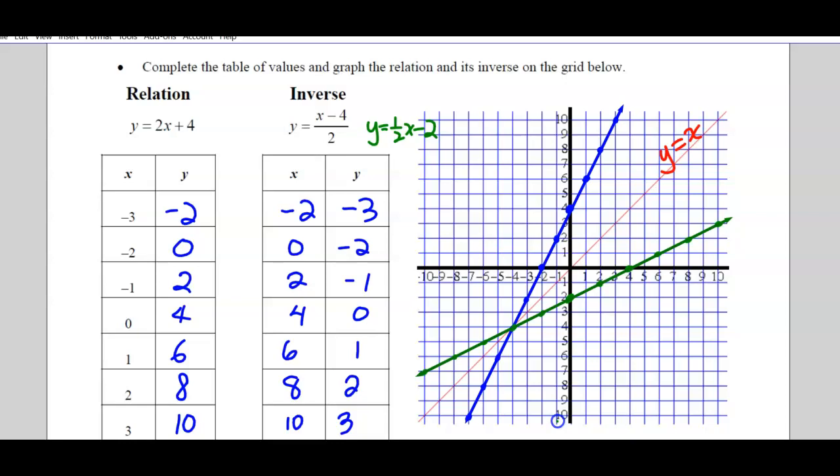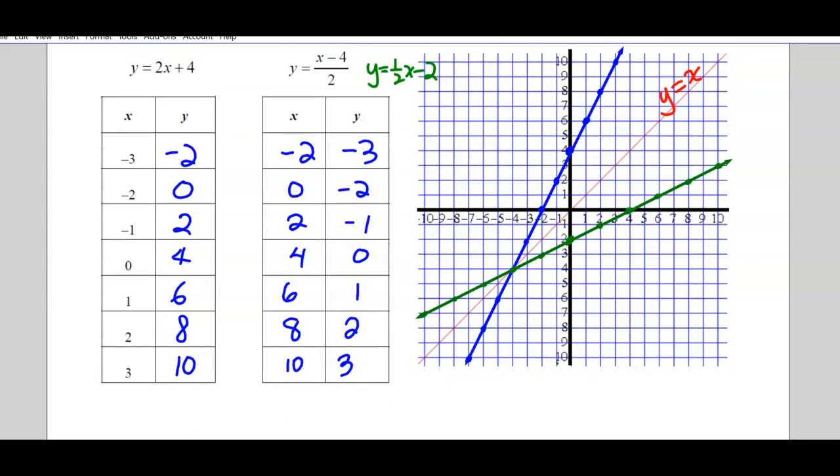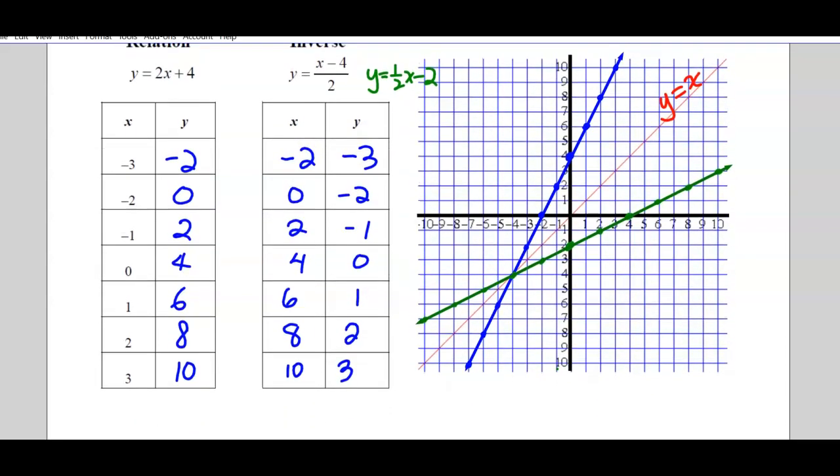So if you look across here, that's diagonally 2, diagonally 2. Here it's going to be 2.5, 2.5. Same distance apart. So that's why we put inverse in the transformation unit. It's actually a transformation. It's a reflection in the line y equals x.